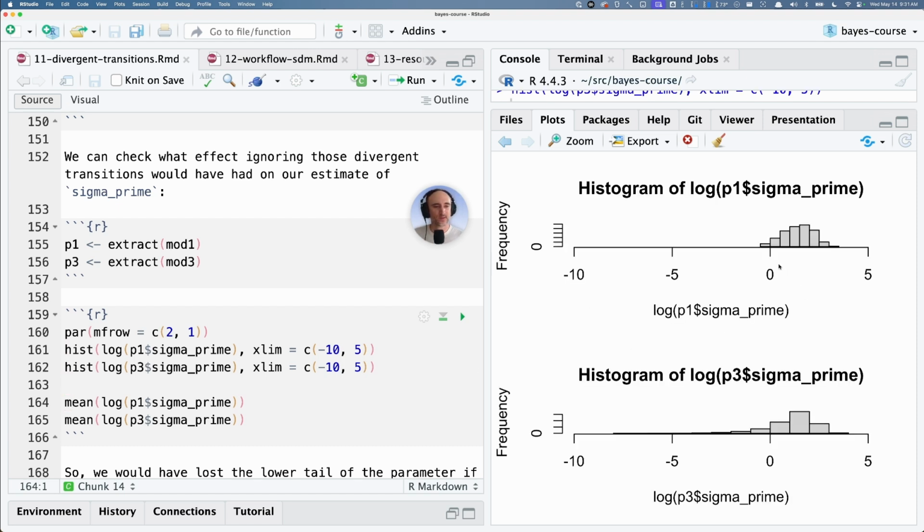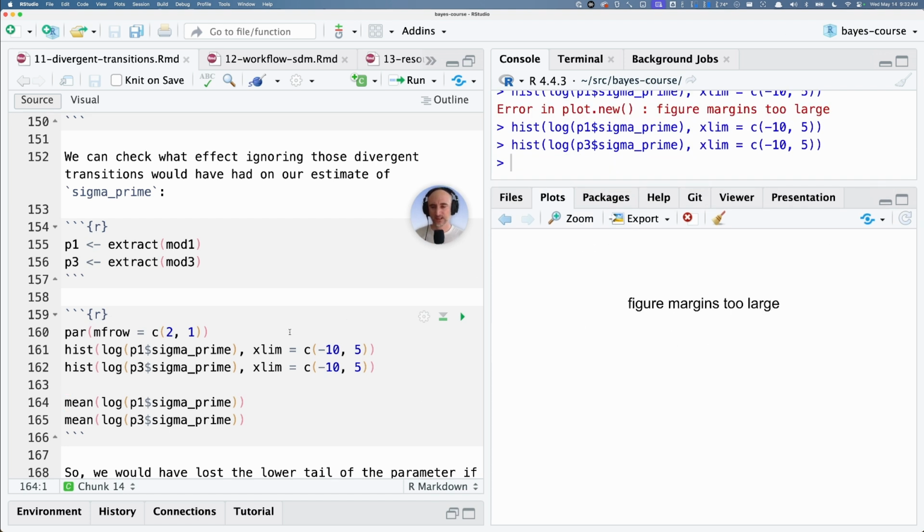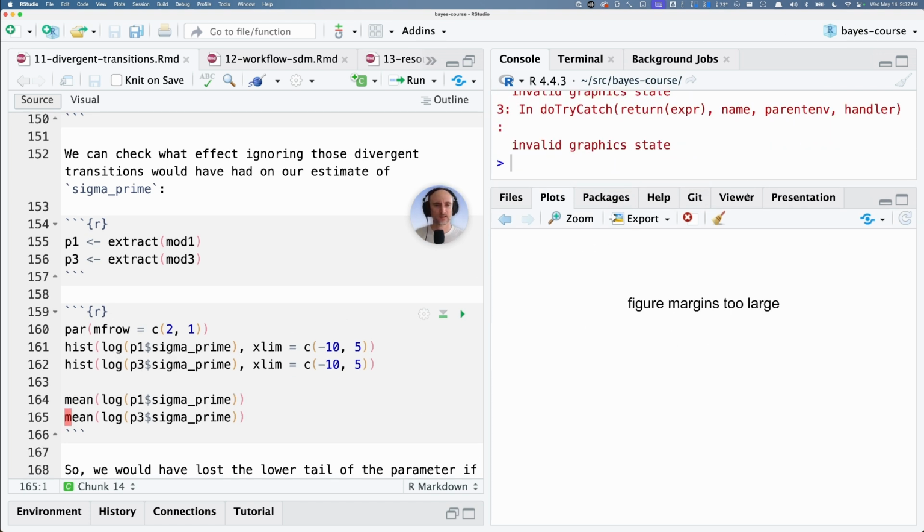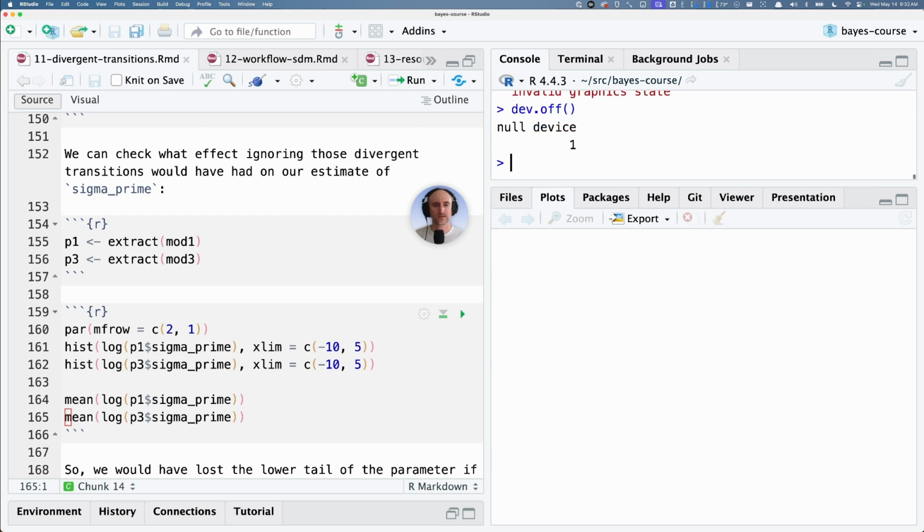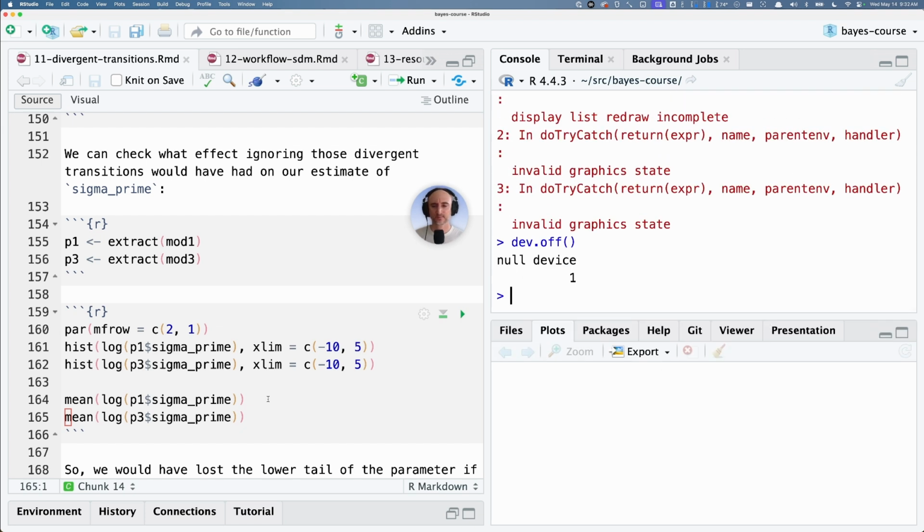So in our first model, our samples in log space stopped here just below 0. In our third model, the samples go way off down here, down to -8 or something. And say we were really interested in the mean of our standard deviation parameter.